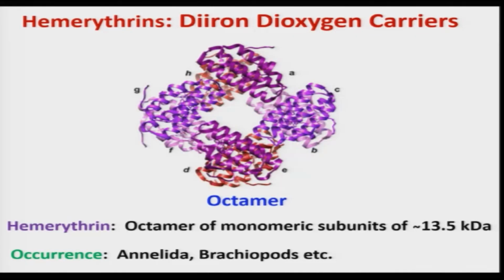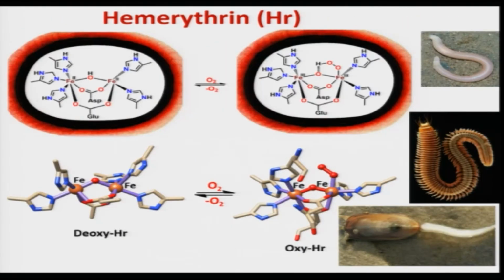Now, this is the octameric structure. Hemerythrin is an octamer of monomeric subunits of around 13.5 kilodalton, and as I have said already, it is present in many organisms. This is a schematic representation between deoxy and oxy-hemerythrin.